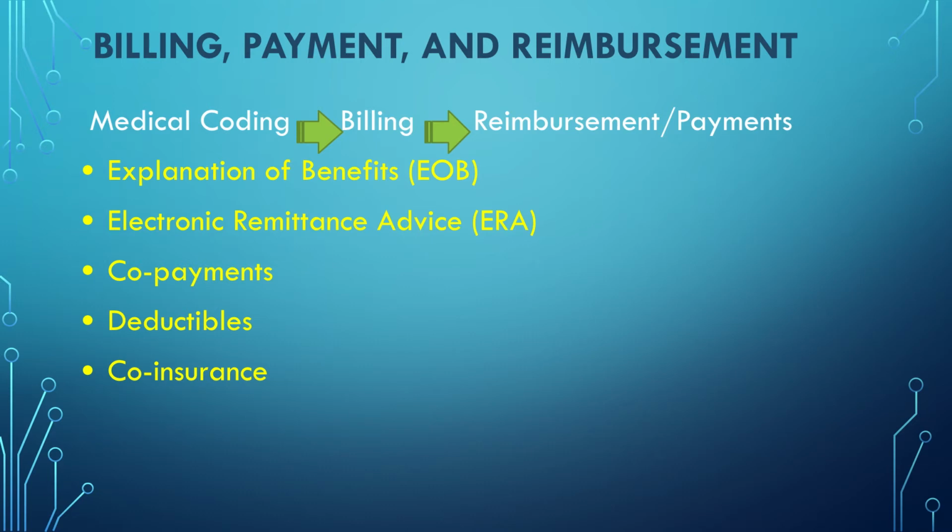Then we have the ERA, which is the electronic remittance advice. This is the document that goes from the third party payer to the professional, the facility, the provider. And this is like the packing slip that goes along with a bulk payment. Almost always, this will be for several patients and it will be itemized.